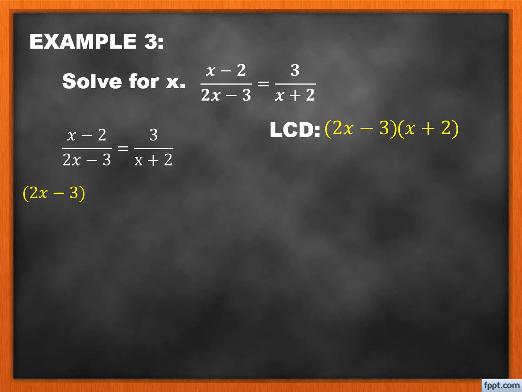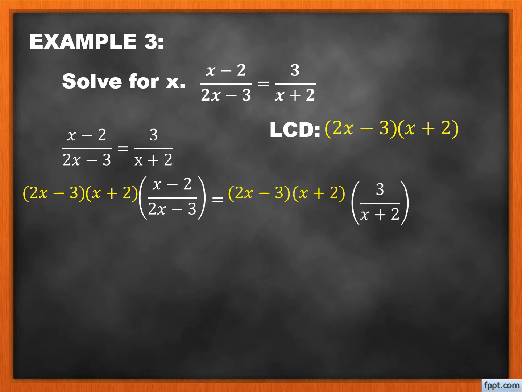because this will be multiplied to our original equation, which is x minus 2 over 2x minus 3 equals 3 over x plus 2. LCD times the first term equals LCD times the next term. Since we have 2x minus 3 in the numerator and 2x minus 3 in the denominator, then we can cancel 2x minus 3 and 2x minus 3.